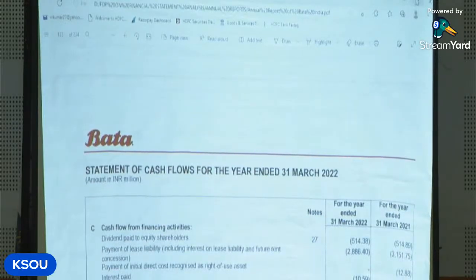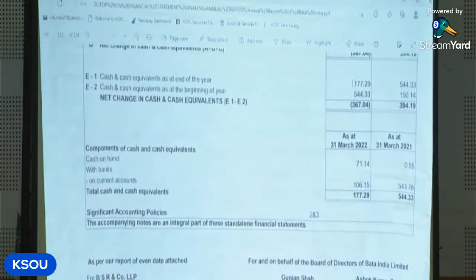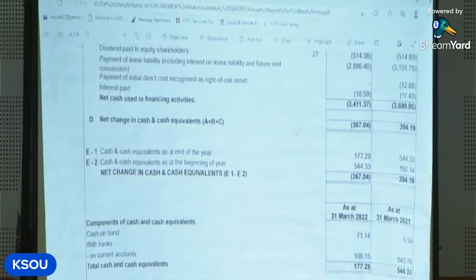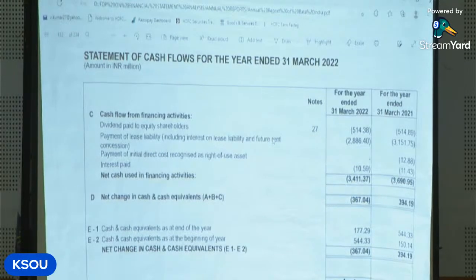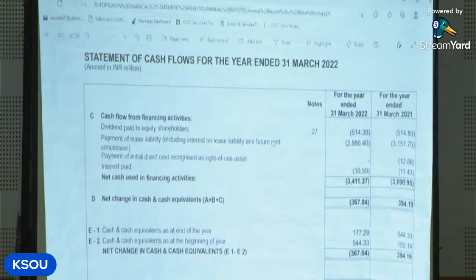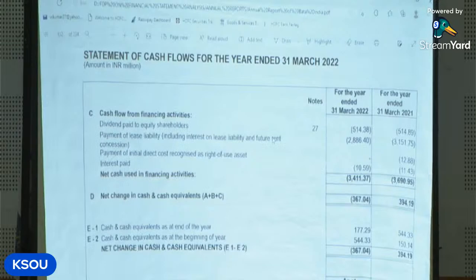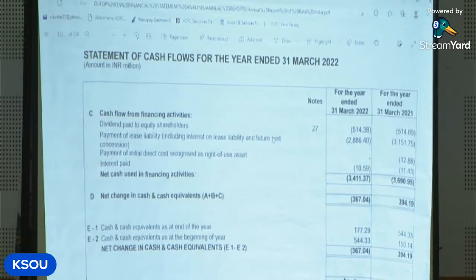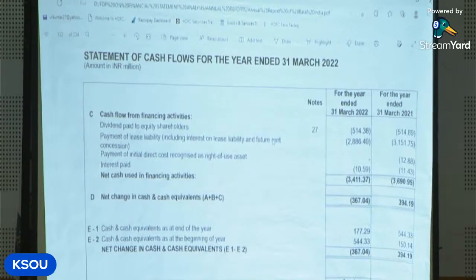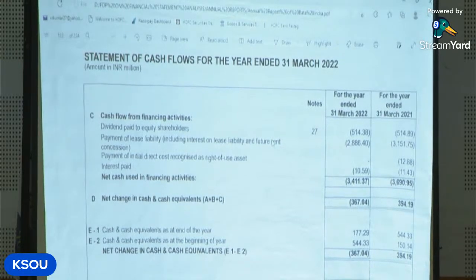And net cash flow from financing, negative. So it is plus, plus, minus. The company made profits, is meeting financial obligations, a part of which is also made by selling assets.